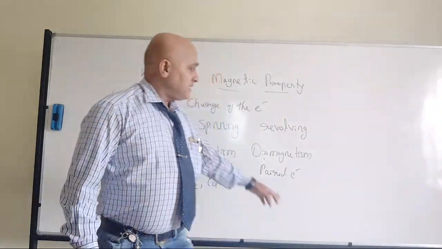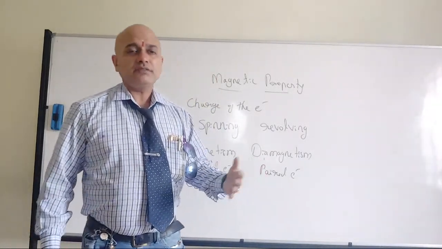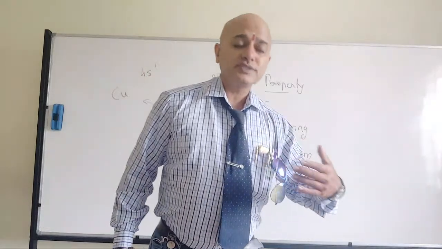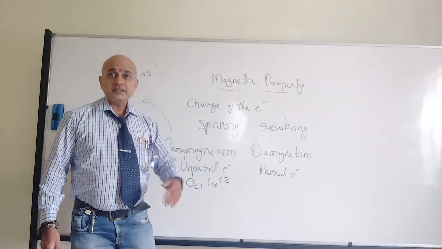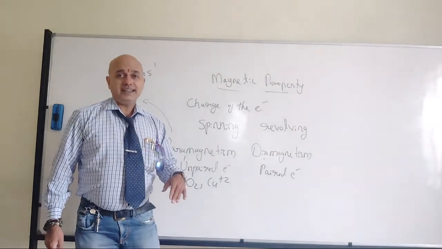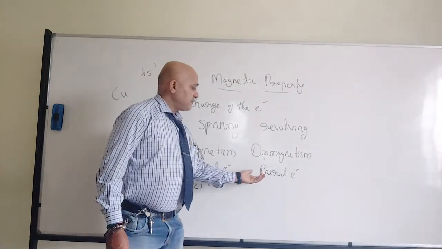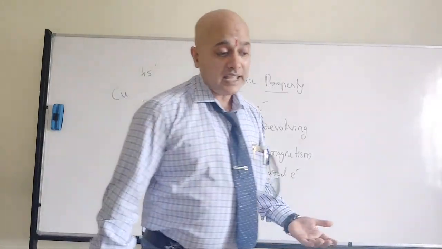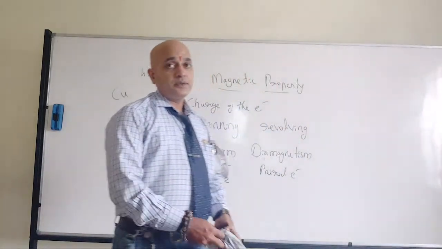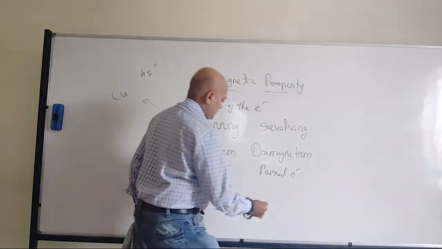Now when it comes to diamagnetic, the examples are those elements which have paired electrons. There is no question of unpaired electrons, normally non-conductors. So we have pure water or NaCl crystal as examples. I am taking from your textbook only.